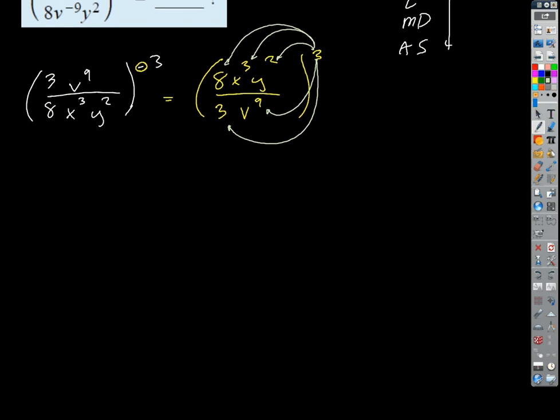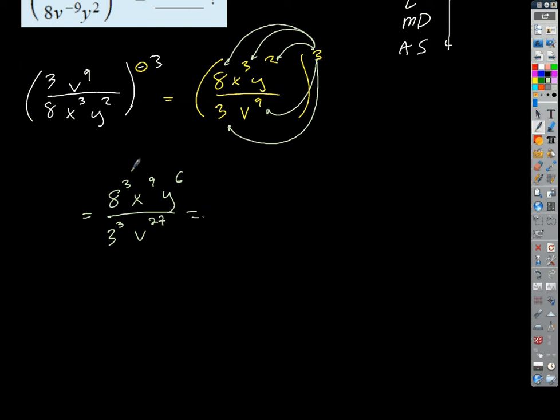So we end up with 8 cubed times x to what power? The top? 9 times y to the 6, divided by 3 cubed times v to the 27, okay?